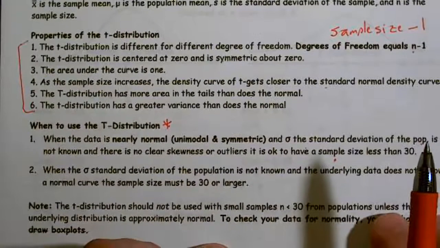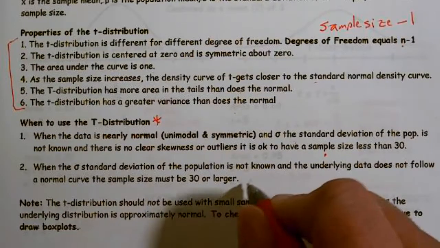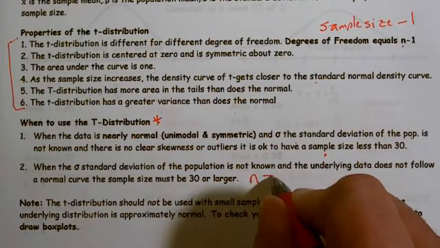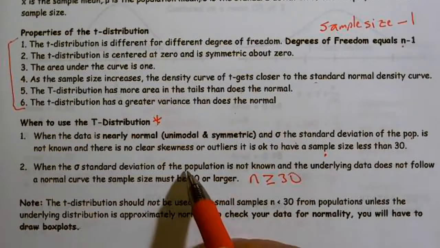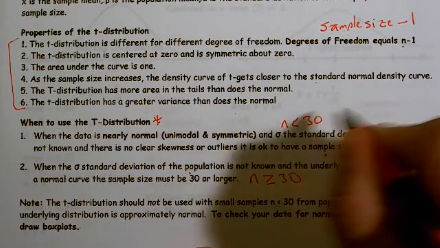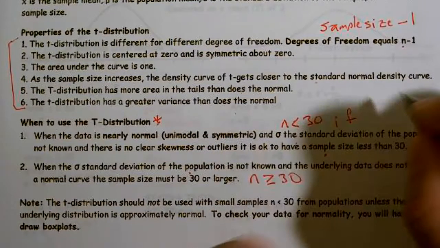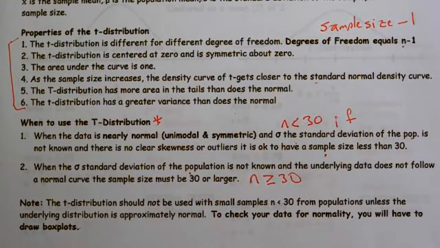We can also use a t when the standard deviation of the population is not known, the underlying data does not follow a normal curve, and the sample size is greater than or equal to 30. So with n greater than or equal to 30, we can always use the t if we don't know the standard deviation of the population. With n less than 30, we can use it if the data is nearly normal, all right?